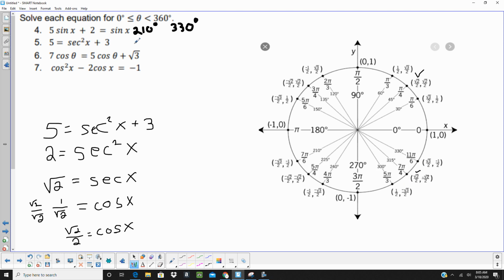So I'm going to say 45 degrees and 315 degrees. I should put commas in between those. All right, let's go ahead and do number 6.